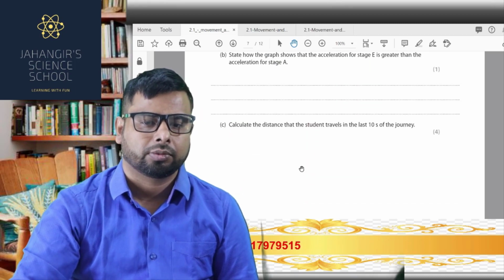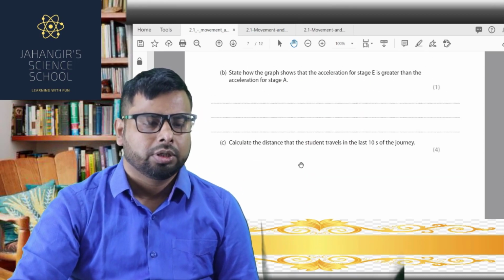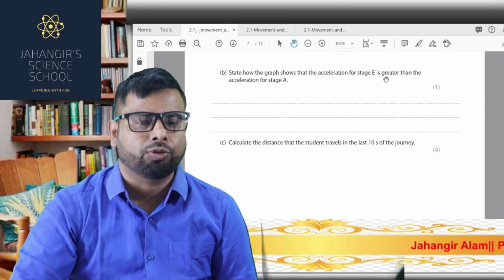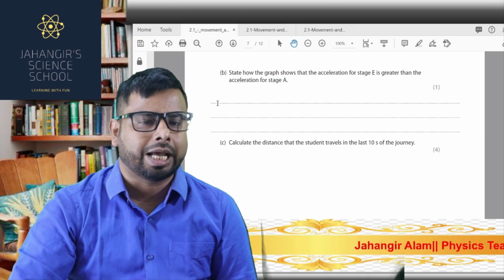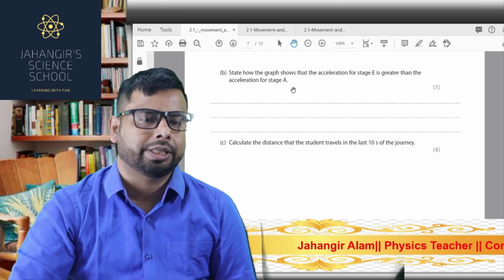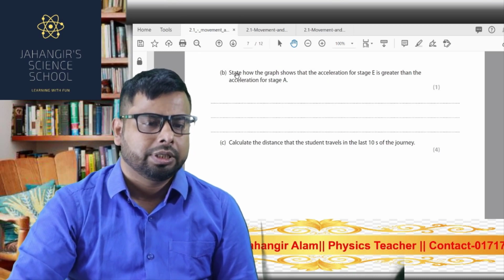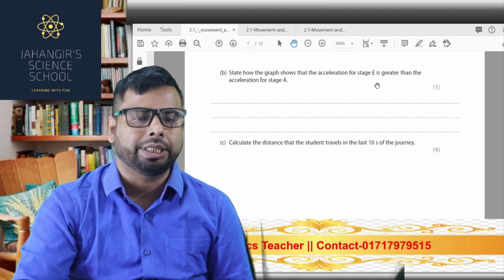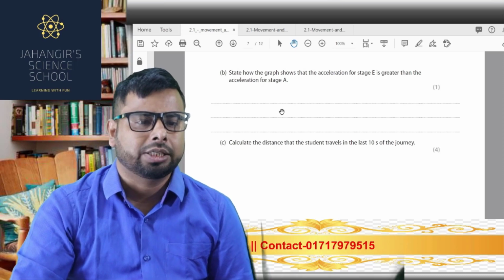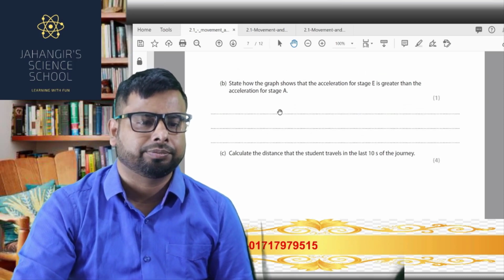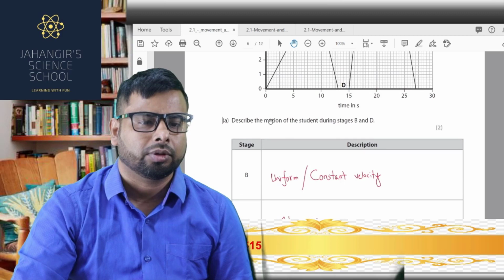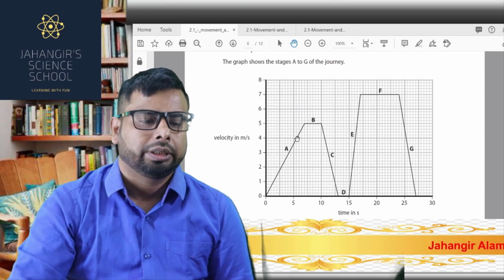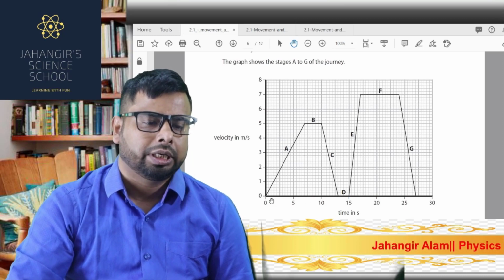Now, state how the graph shows that the acceleration for stage E is greater than the acceleration for stage A. Look at the graph here.